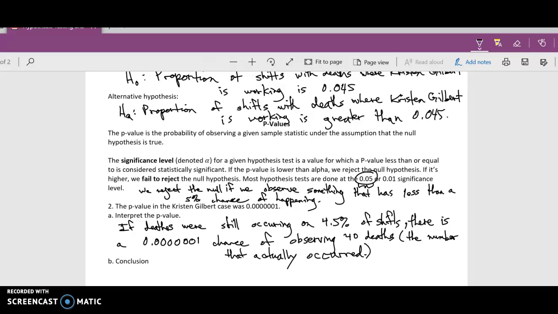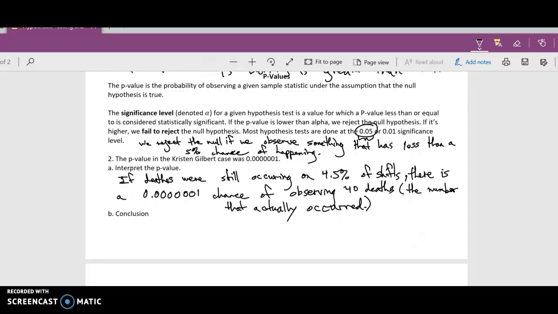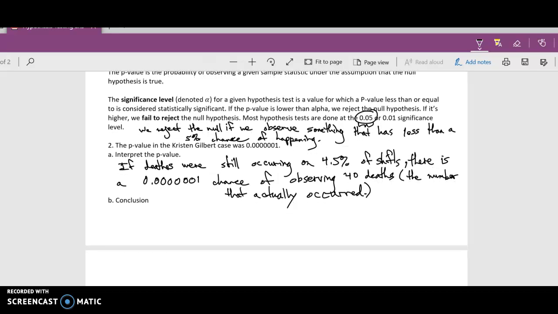They give you that value, whatever that is.